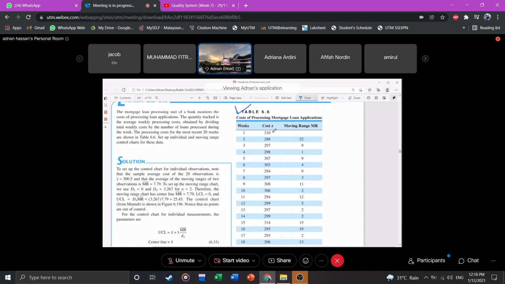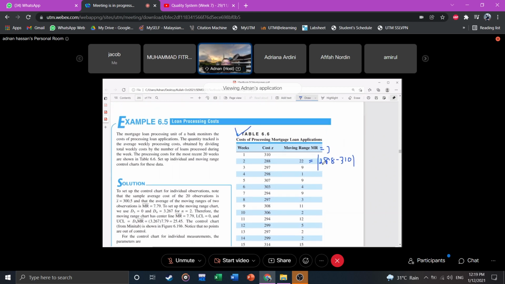Week number 1, the cost is 310. We don't have a moving range for the first number. In week number 2, we have 288. So the moving range, remember, is the current value, 288, minus 310. What we get is the magnitude only, the difference.